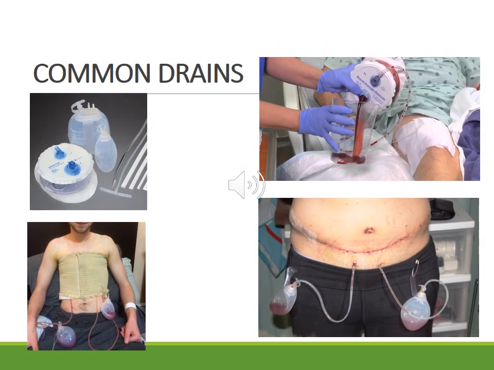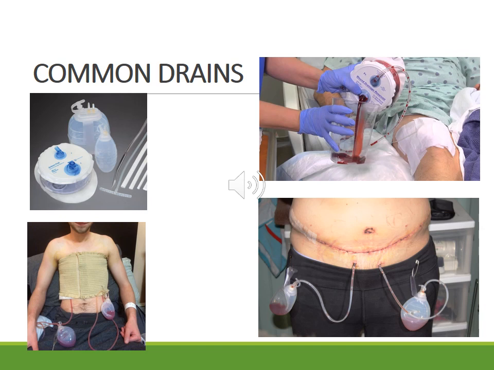So again, more pictures here visually. The first picture to your top left shows the JP or Jackson-Pratt drain, that bulb, and then the Hemovac. The two pictures on the bottom show these JP drains hooked to patients. And we're going to talk in the next few slides about how to empty that.